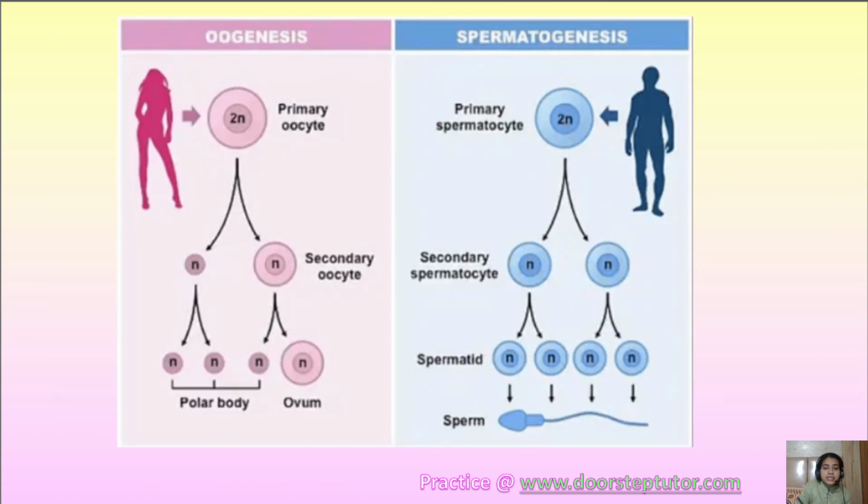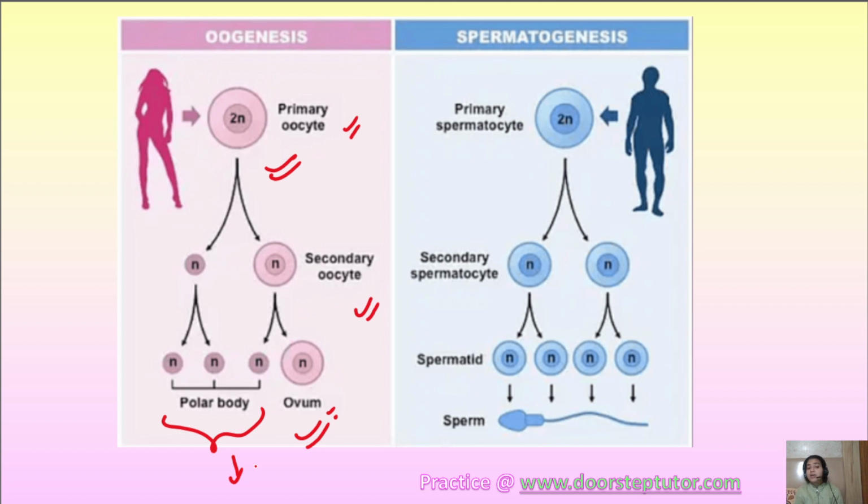After this, we can see how oogenesis and spermatogenesis look. The primary oocytes are diploid in number. After this, secondary oocytes are formed, and after that the ovum is formed. Here we concluded that from one primary oocyte only one ovum is produced. The others produced are polar bodies, the first polar body or second polar body.